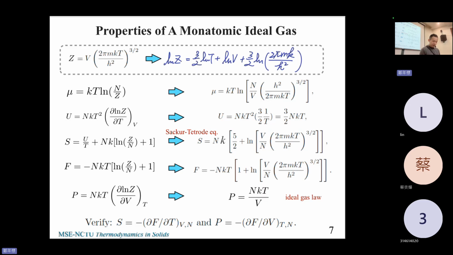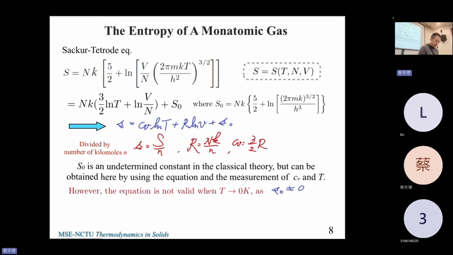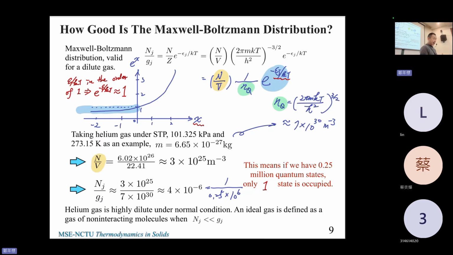And you can see that after you've done that, P equals NkT over V. So you can see that this is well connected to classical thermodynamics. Good. And then we examined whether the Maxwell-Boltzmann distribution is good or not. You can see that this is good.